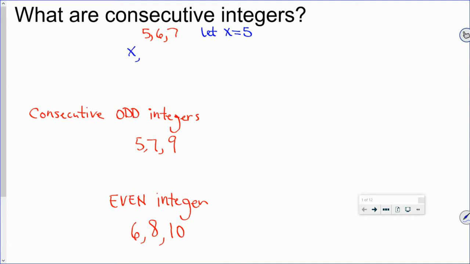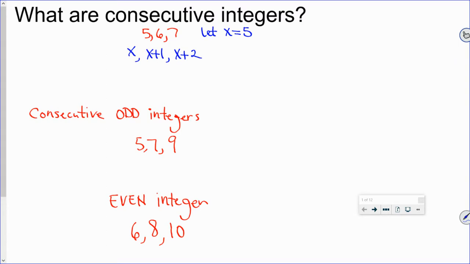The next integer would be 5 plus 1, or x plus 1, right? Because 5 plus 1 is 6. You understand what I'm saying? I'm just writing an expression for that. And then if x is 5, x plus 1 is the next integer. The integer to follow that's x plus 2. Well, that kind of makes sense.